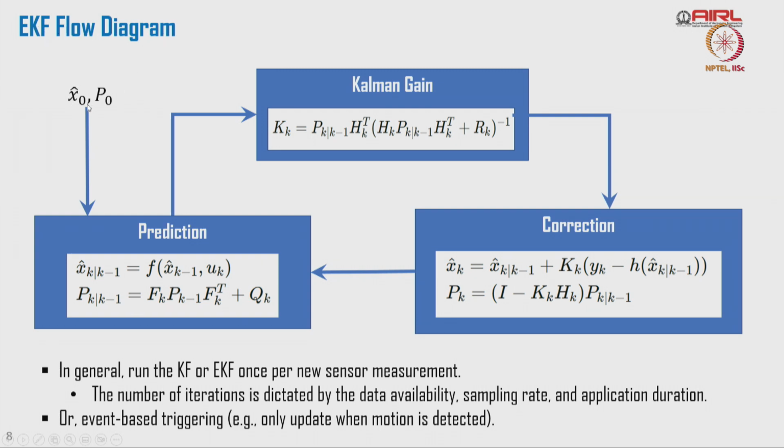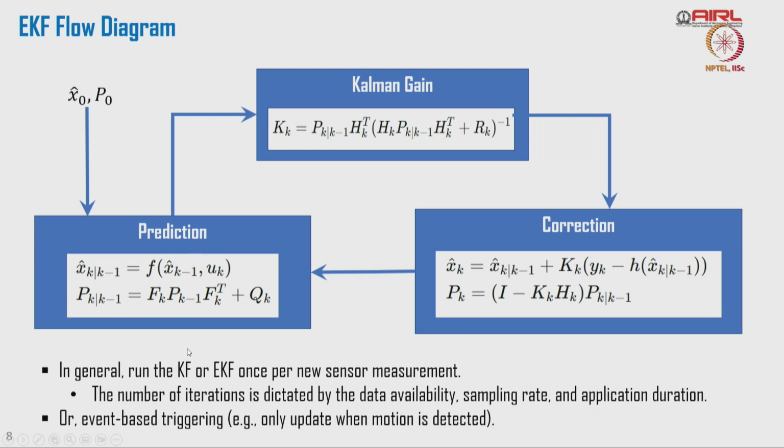We have x0 hat and P0, that means the initial estimate and initial covariance matrix. Then first we do the prediction step, then we get the Kalman gain. Once we get the Kalman gain, we include that in the correction step and improve the estimate of the state and covariance, right.